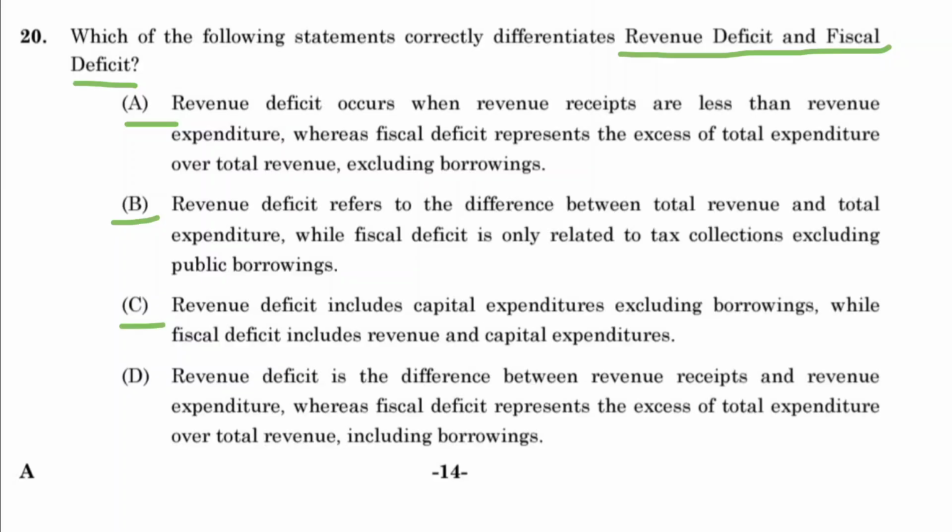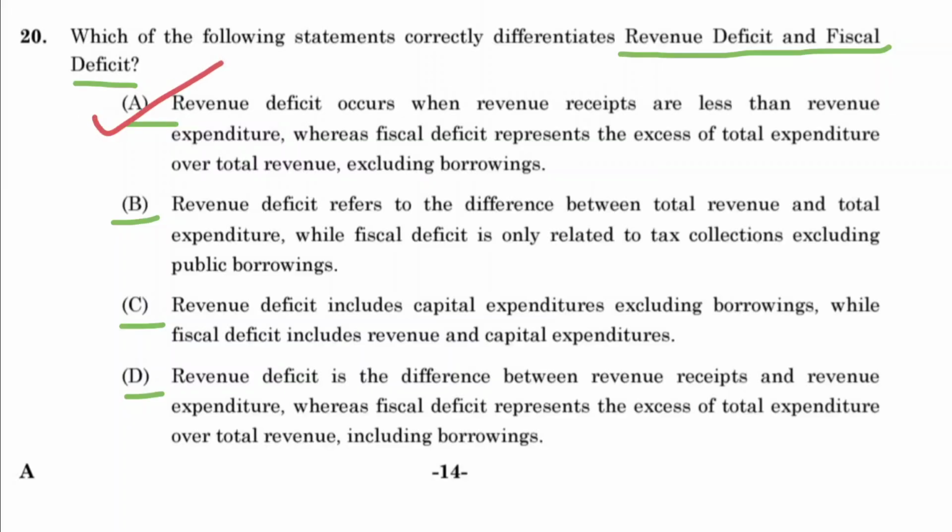C. Revenue deficit includes capital expenditures excluding borrowings, while fiscal deficit includes revenue and capital expenditures. D. Revenue deficit is the difference between revenue receipts and revenue expenditure, whereas fiscal deficit represents the excess of total expenditure over total revenue including borrowings.